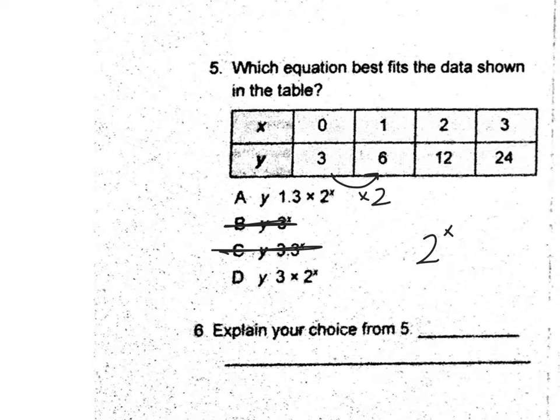And then my first or 0 term, since I'm using an x exponent, is 3, which is going to make D my answer. A would mean that the first term or the 0 term is 1.3, and we know that's not true. So your explanation for question 6 is just explaining how you knew that D was correct. The 0 term is 3, and the common ratio is 2.